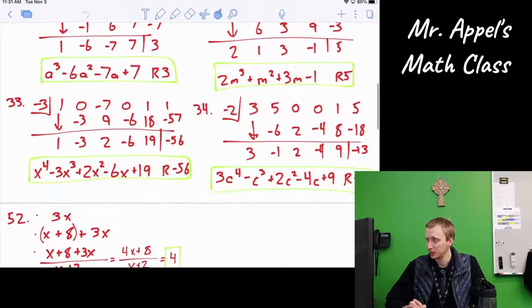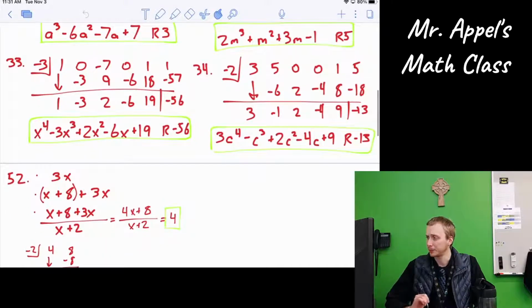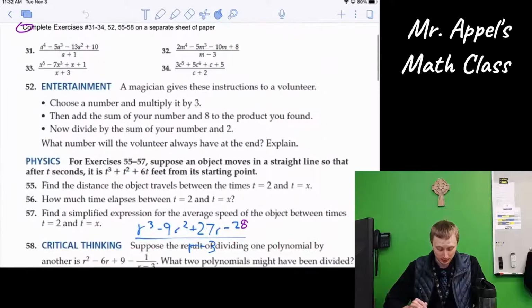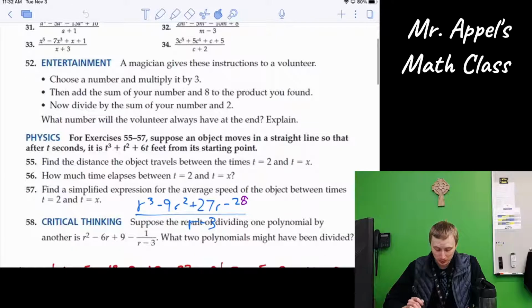And, oops, where are my cameras in the way? There we go. Remainder of negative 13 on the last one. Okay, then up next was 52.